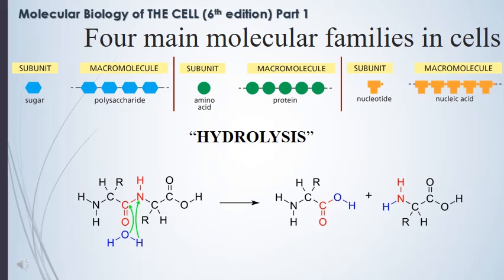And that CN bond is broken when the carbon forms a new bond with the OH group on a water molecule, and the nitrogen forms a bond with the remaining hydrogen. And as a result, we have now two monomers of amino acids. And this reaction, on the other hand, is favorable, and it can happen spontaneously.